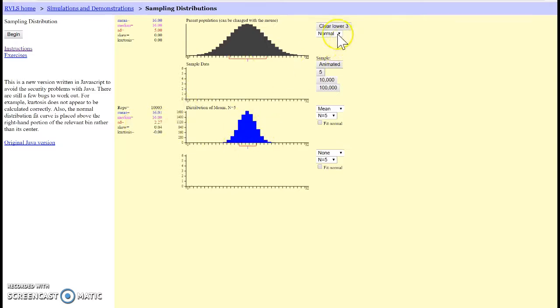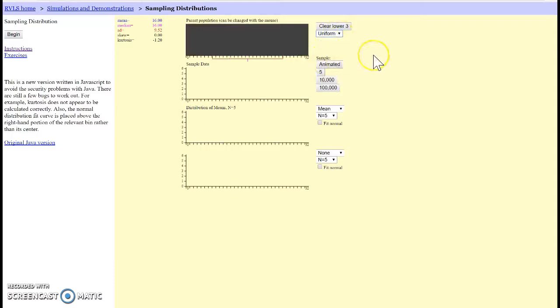So now let's change the normal distribution to maybe uniform. Are we still going to get the same normality? Well, let's see. I'm going to animate. I get 5 of them, compute a mean, add them all together, divide by 5, and get another mean. And I'm going to do this many, many different times.